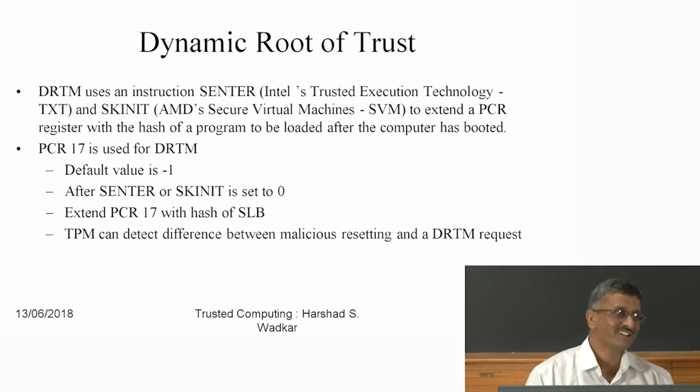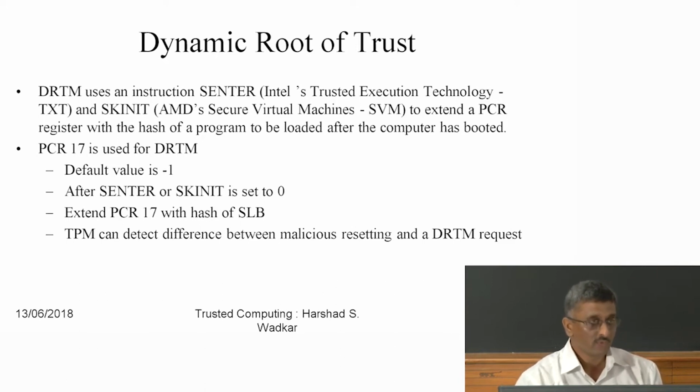What I will do is open the browser, trust or not immaterial, go to yatra.com or redbus.com and book it. So, there is a change in the sequence of application software loading into memory. For that, a dynamic root of trust is required, and for dynamic root of trust, the PCR that is used is PCR number 17. PCR 17 is used for this DRTM.